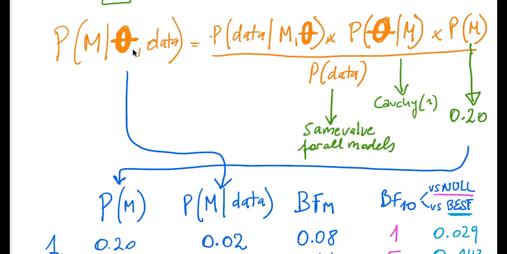When you use a vector of parameters, which is more than one, then you use bold instead of just the Greek letter. So the probability of the model, let's say model 1, given the parameter values and the data observed, equals the probability of the data given the model and the parameters.